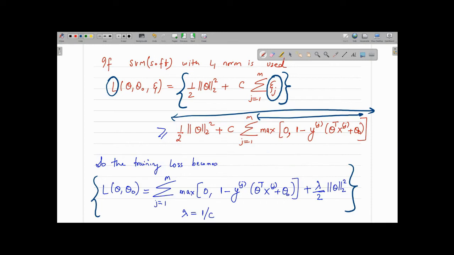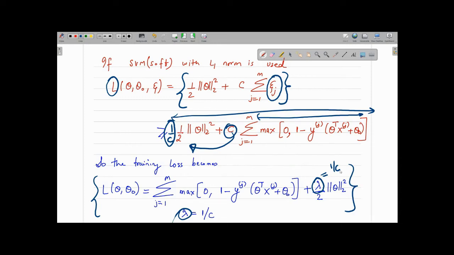What we are doing here is dividing both sides by C. If I divide by C, here it will be 1 by C, and 1 by C I am calling lambda. Recall that this lambda is equal to 1 by C. So this is just a simple manipulation. Your training loss is this now.